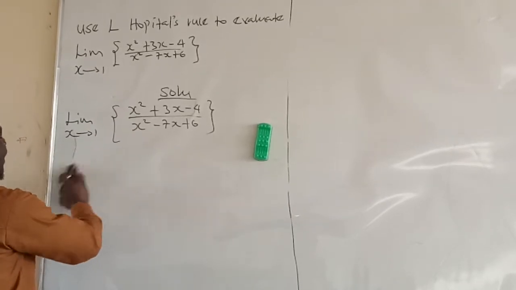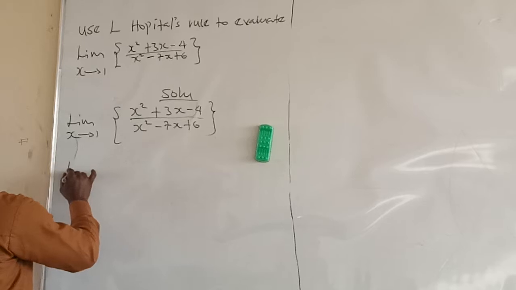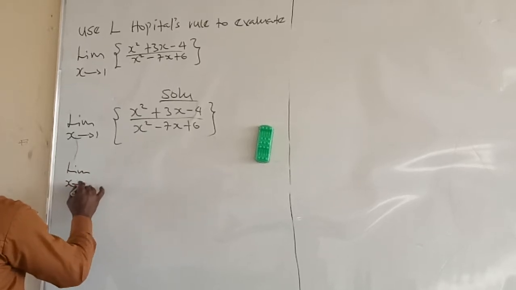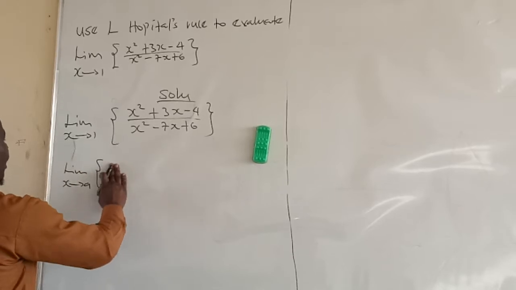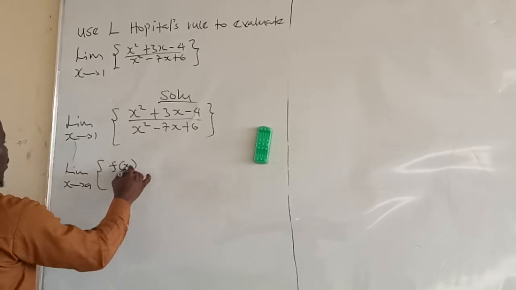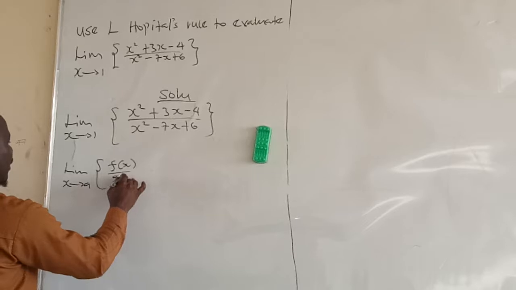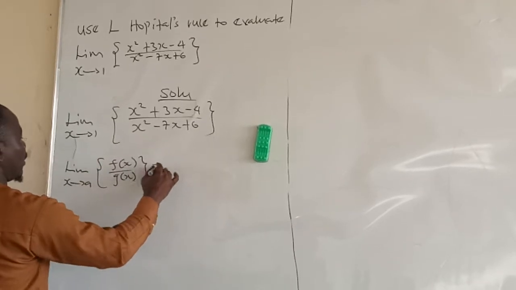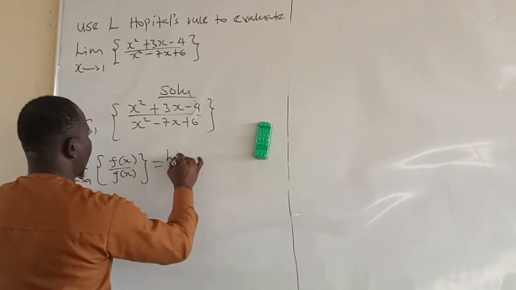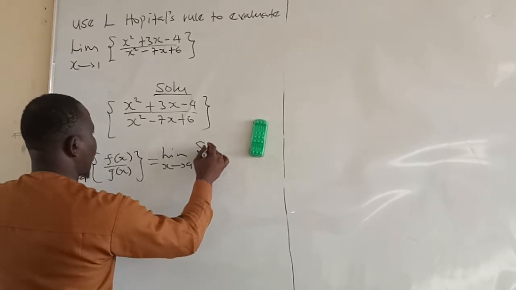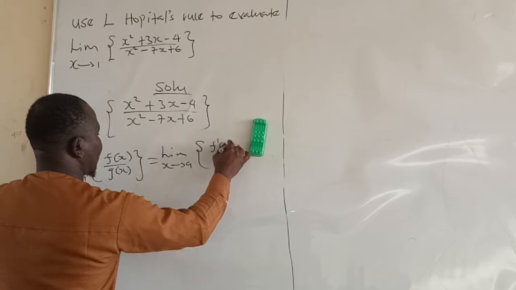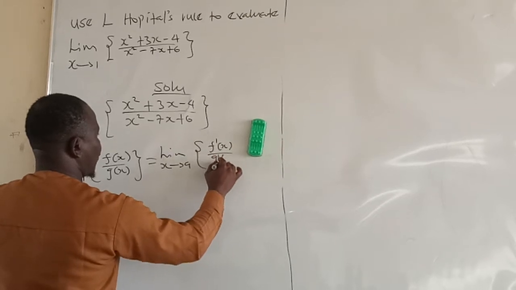L'Hopital's rule states that the limit as x tends to a of f of x all over g of x is equal to the limit as x tends to a of f prime of x all over g prime of x.